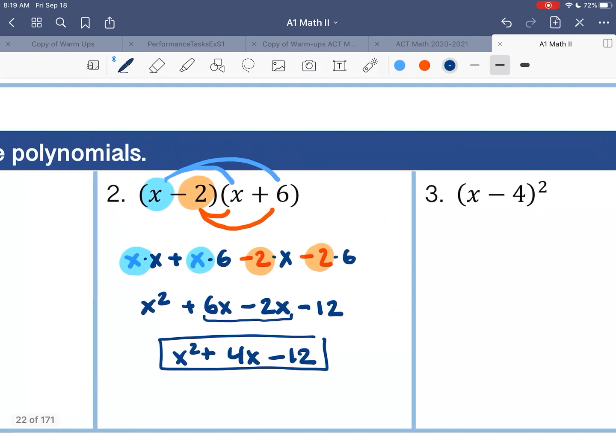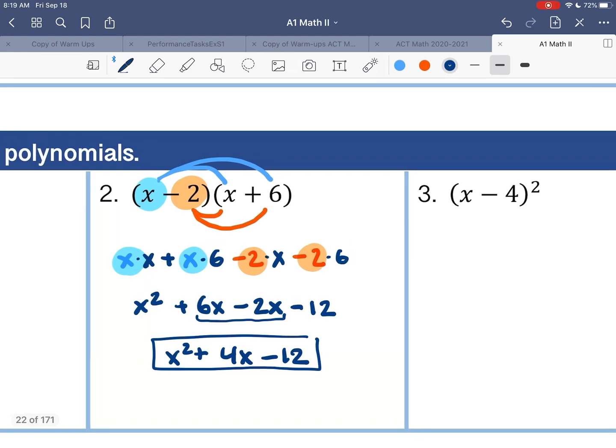And because I know some of you will wonder, just like we learned in our 1-3 lesson where we talked about the properties of real numbers, multiplication is commutative, which means that it doesn't matter which order we multiply in. So if you ever wanted to try it, you can try one of these problems in reverse. You can put x plus 6 in front of x minus 2 and see if you get the same answer. I'll spoil it for you. You will get the same answer.